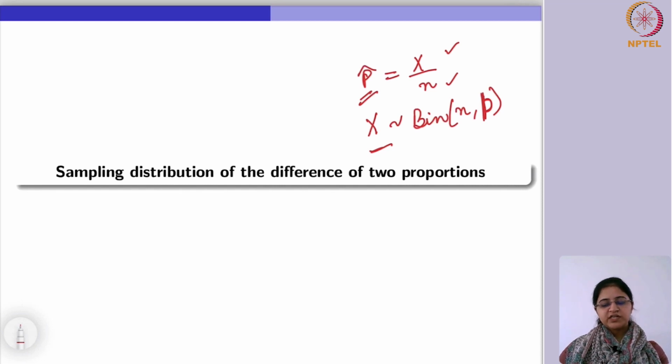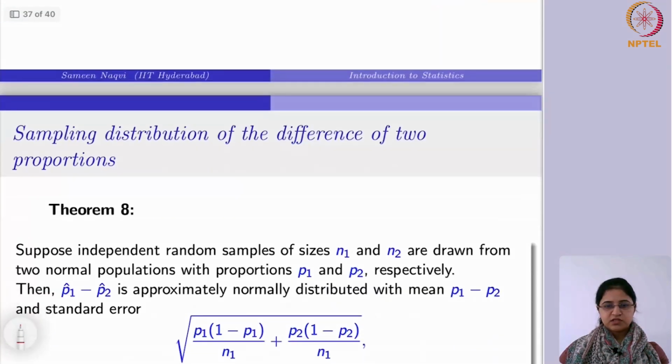And we found that it can be approximated by a normal distribution provided NP is greater than or equal to 10 and N times 1 minus P is also greater than or equal to 10. So this we have seen in the last class. Now here you have the difference of proportions. So let us see what the result is in this case.